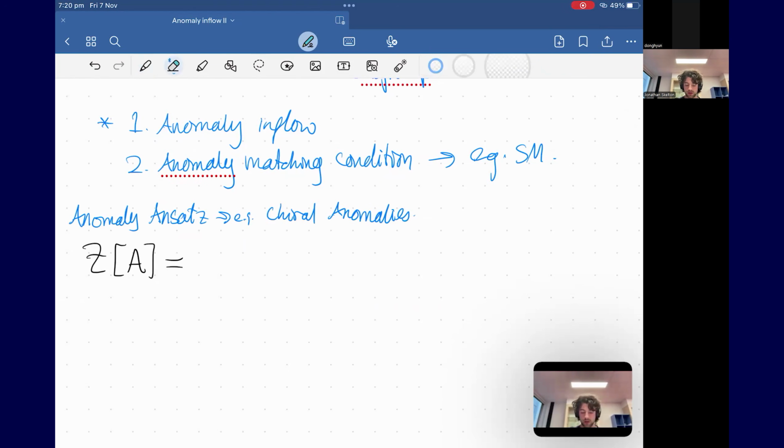Under a transformation, we will say, so this could be the G transformation, or it could be the global H transformation, etc. This will turn into a lambda, where we're just saying lambda is the parameter of the transformation.